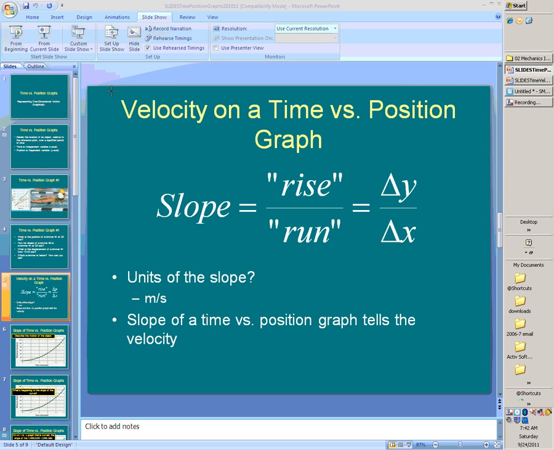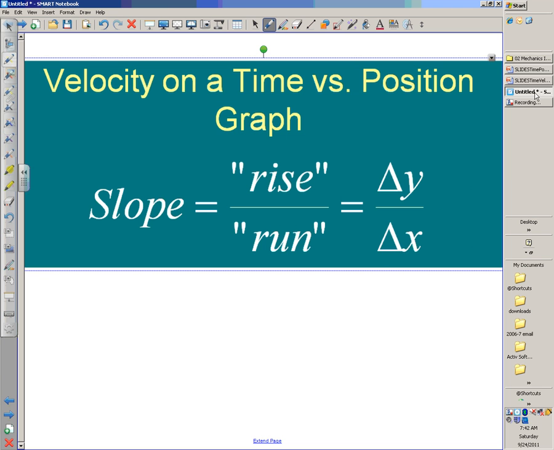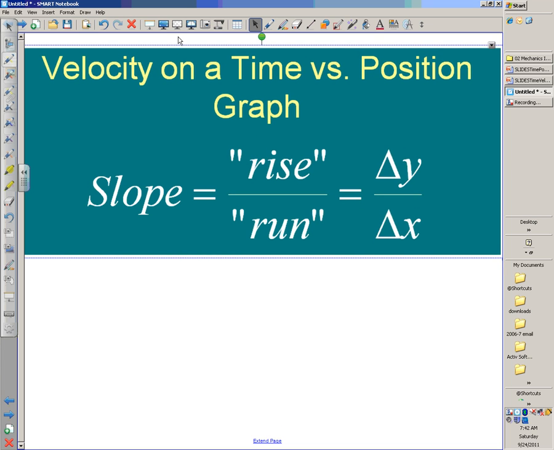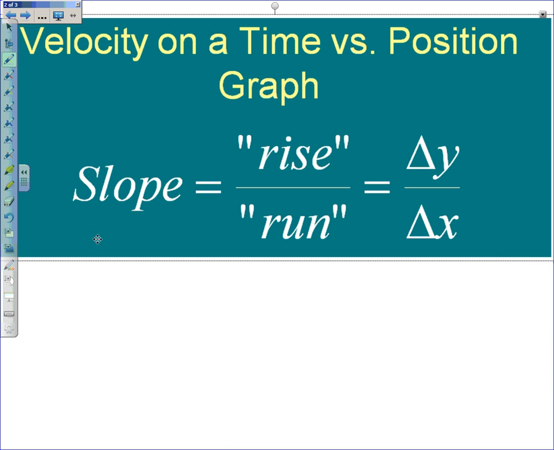I mentioned earlier that it's important to make sure that we put time on the x-axis and position on the y-axis. Because if we do so, we'll find that we can get more information out of that graph than just where this object is over a specified period of time.